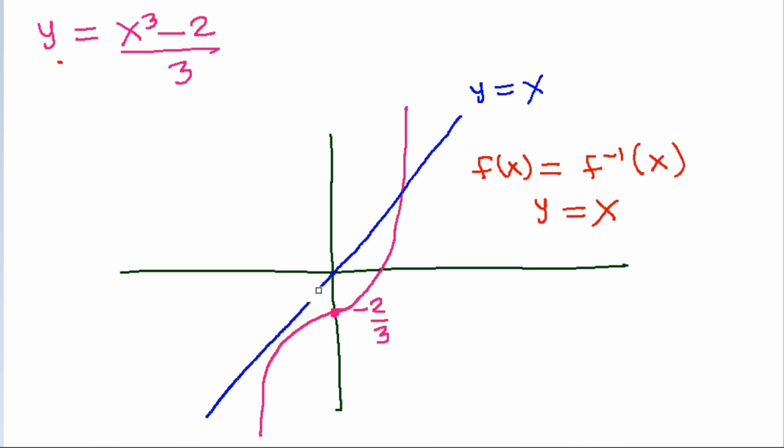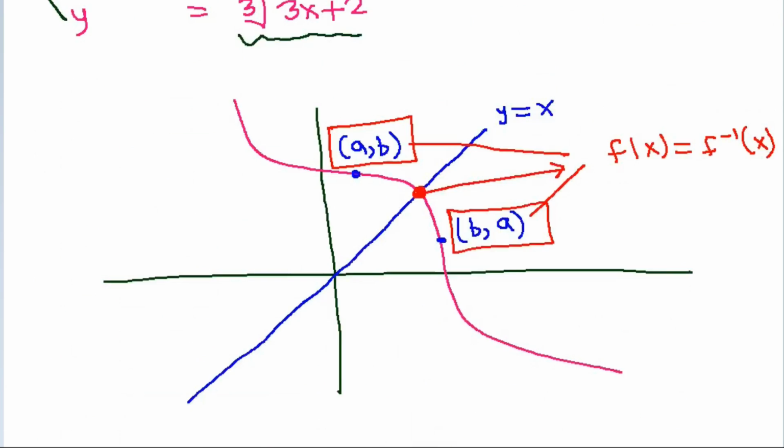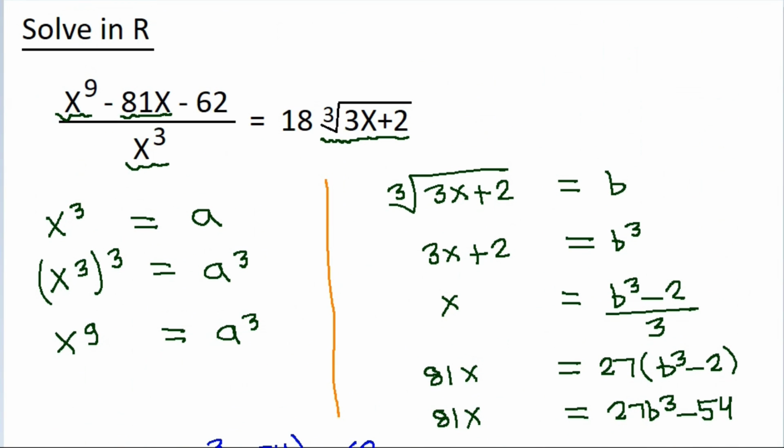That means this line is touching the graph at x is equal to minus 1. This point is minus 1, and this point is 2 and 2. And the solution of this equation is x is equal to minus 1 and x is equal to 2.